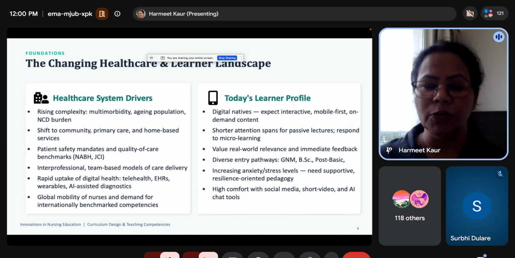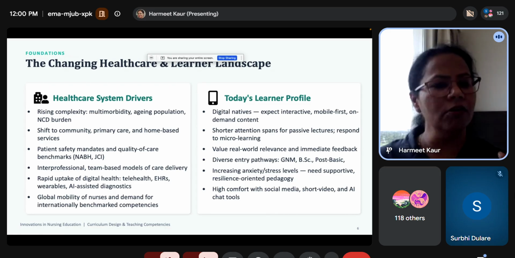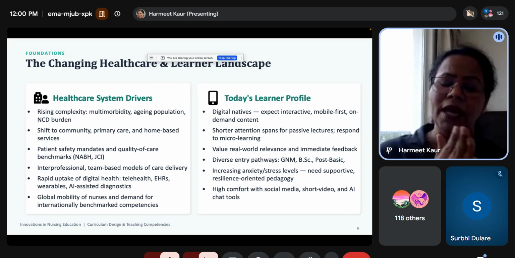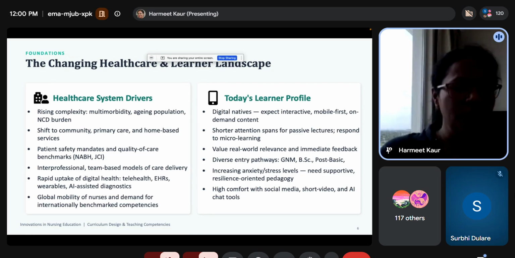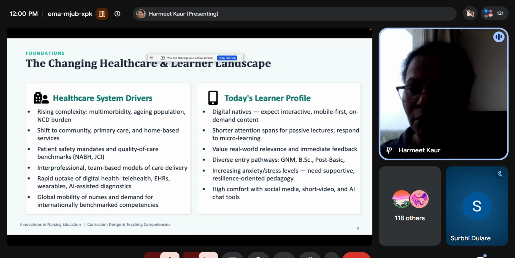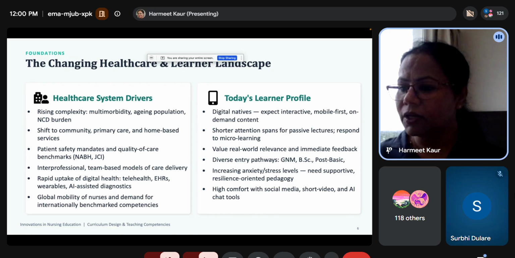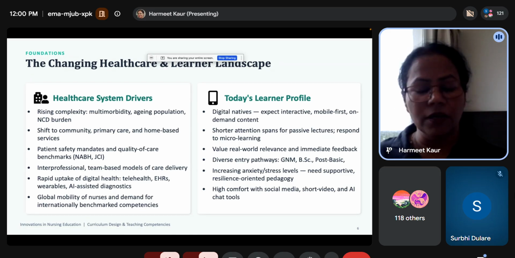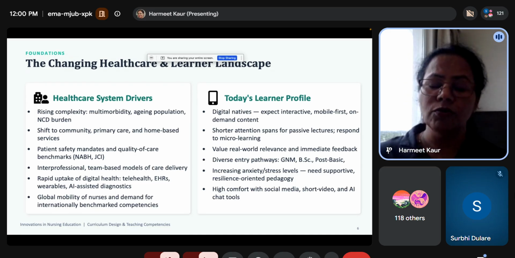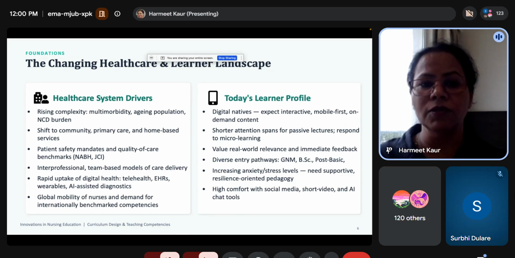And particularly when we are talking about NCD burden, a lot of complexities are there. You may have to manage high blood pressure along with some renal complications, along with blood sugar control also. So we need to prepare our students in a way that they should be able to manage the complexity of the diseases, right?